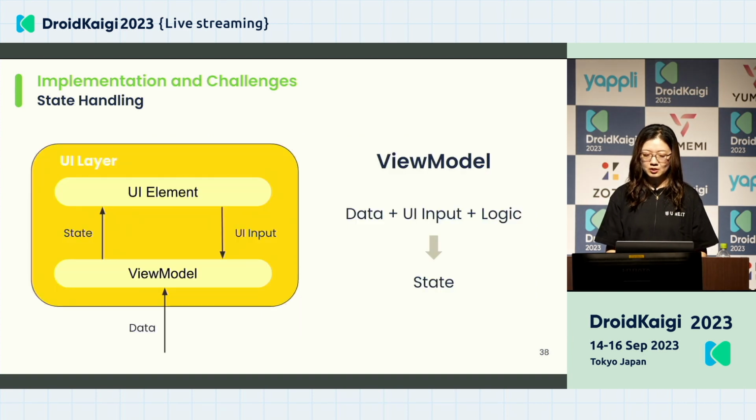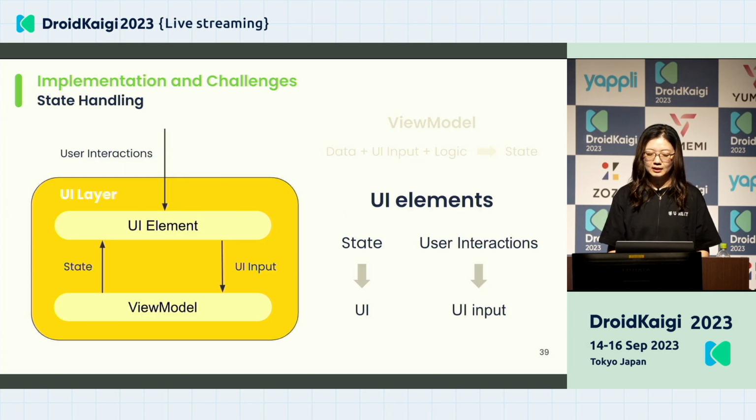The view model serves as a bridge for transferring data, handling UI input, and managing business logic, ultimately changing these elements into the UI state. On the other hand, UI elements play the role of transferring the UI state into different UI displays and aiding in the conversion of user interactions into UI input.